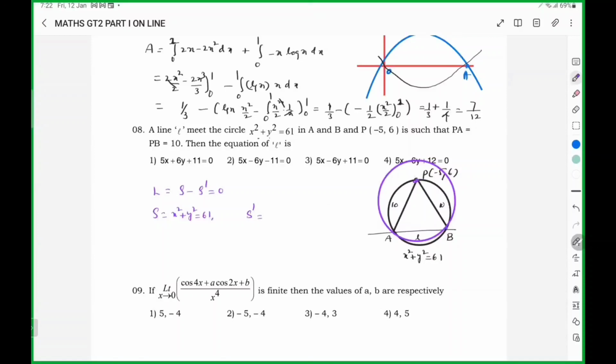S dash has a center, y minus 6 whole square is this. x square plus y square minus 10x minus 12y plus 25 plus 36, 61, minus 100 is minus 39, equal to 0.